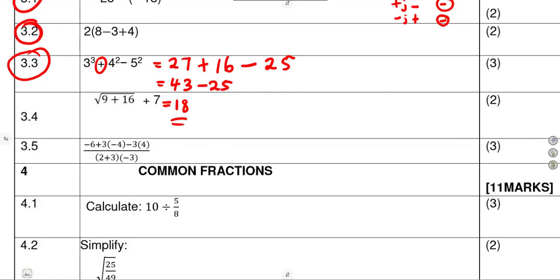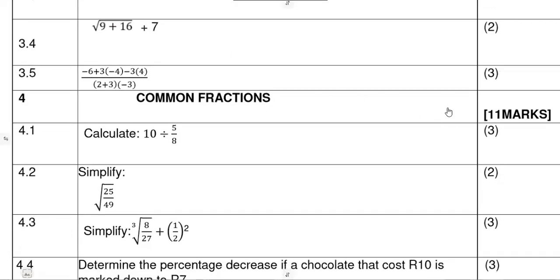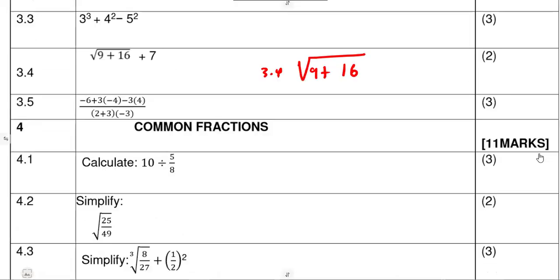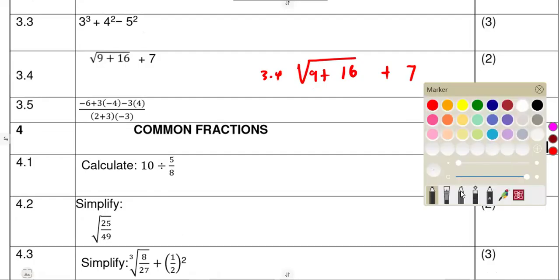So let us consider another part, the square root of 9 plus 16. As you can see, everything is affected there by the square root. The square root of 9 plus 16. Then whatever you're going to get must be added to 7 here. So simplify this part under the square root. 9 plus 16 is under the square root.